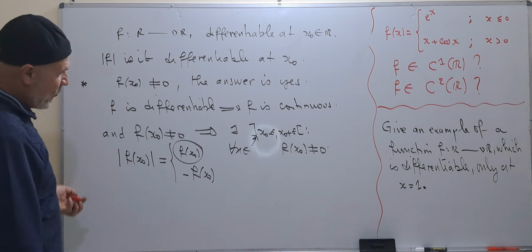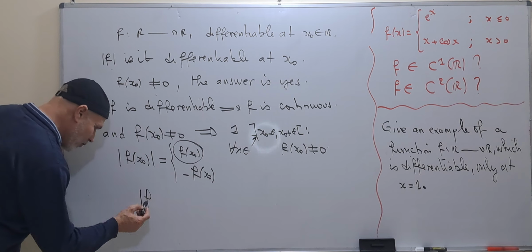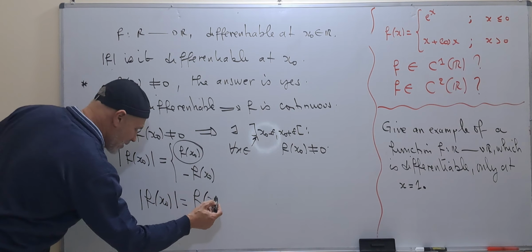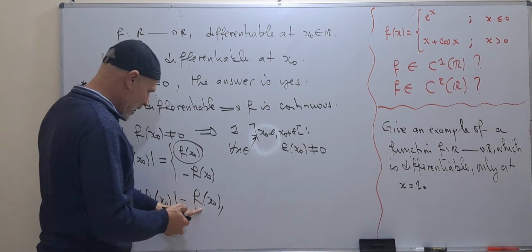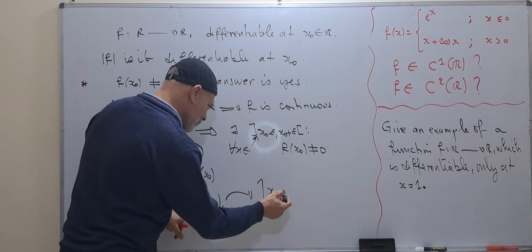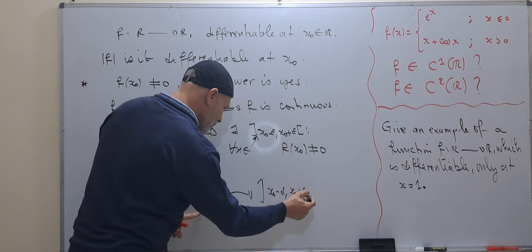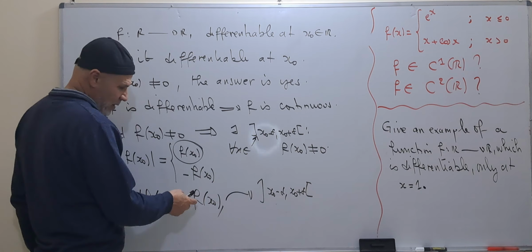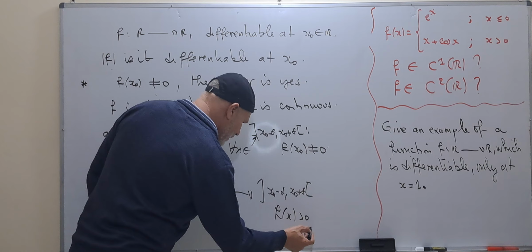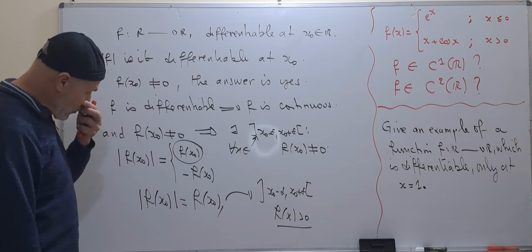So in this case, the absolute value of f(x0) is equal to f(x0). And here f is differentiable, and we have a neighborhood on which f of x is greater than 0.